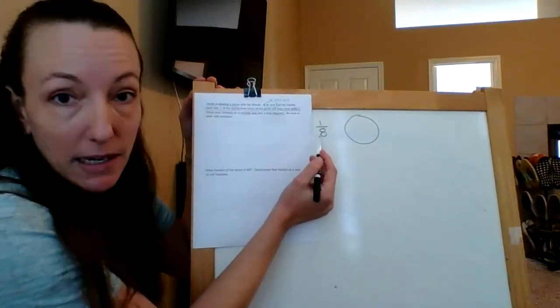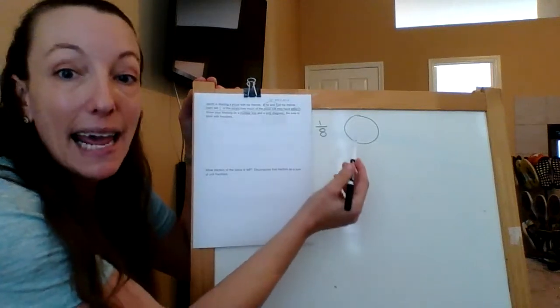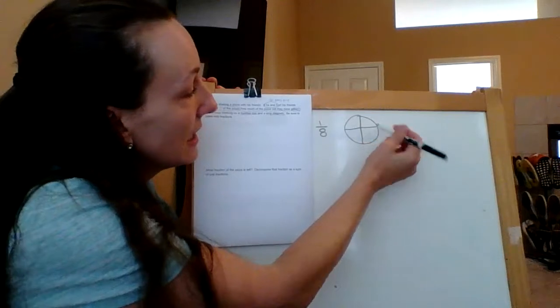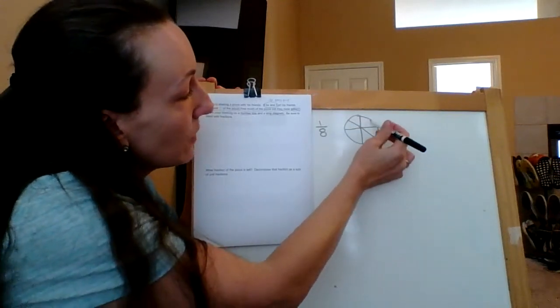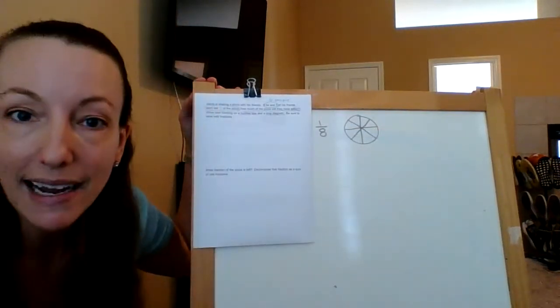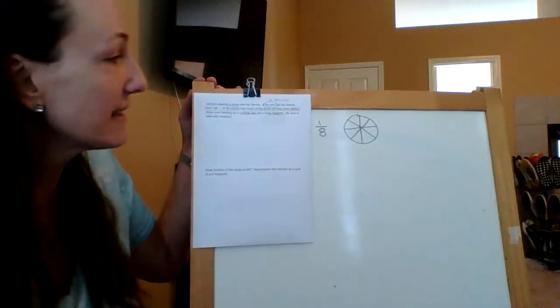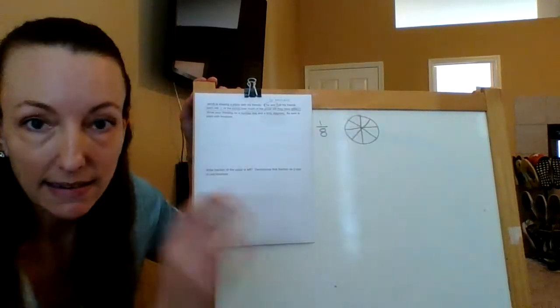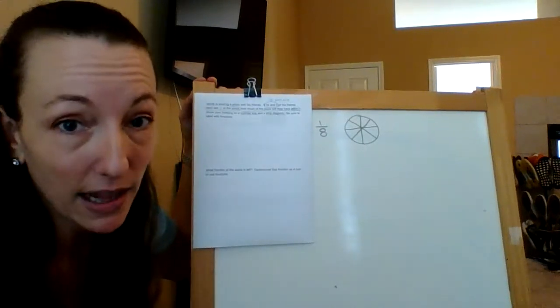So this denominator says 8, so that means I need 8 pieces in my pizza. So I'm going to cut my pizza into 8 equal pieces, or as equal as I can get them because I'm not perfect. And now I've got 1, 2, 3, 4, 5, 6, 7, 8 pieces. So that's what the pizza is going to look like, right?